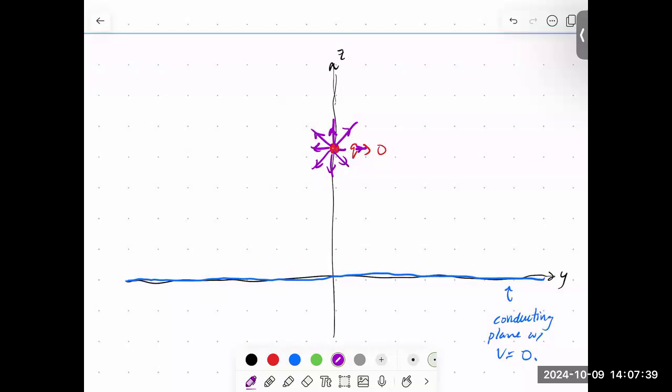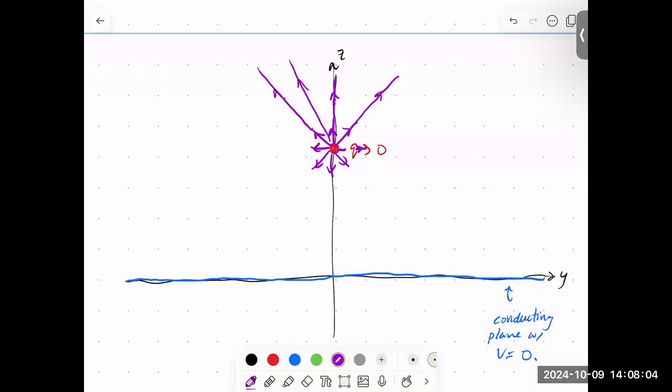All right. And then what we could do is we could say, well, look, if we are in the region above the point charge, then again, I don't think the plane is going to really affect the shape of the fields that much. And so this just continues on with the radial field, something like this.